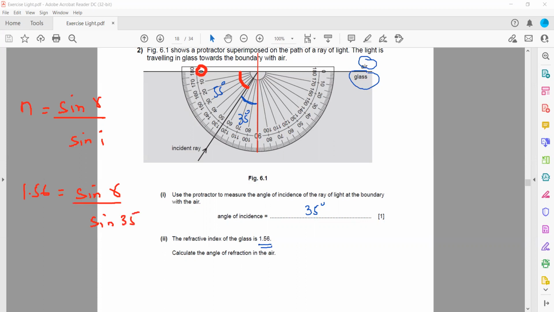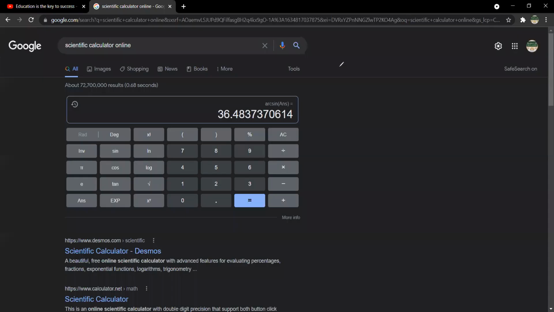So we'll use a scientific calculator, because moving from glass to air, the refractive index is equal to sine R divided by sine I. The refractive index is 1.58.